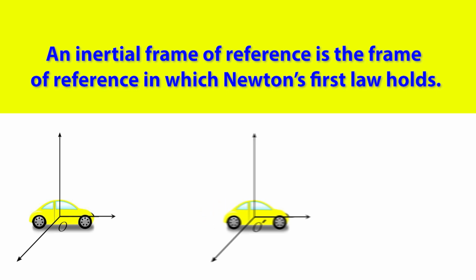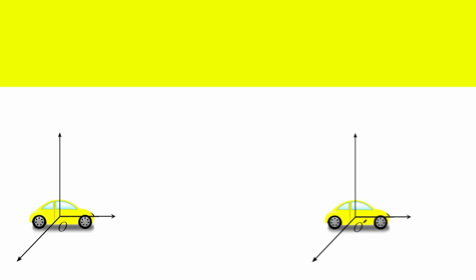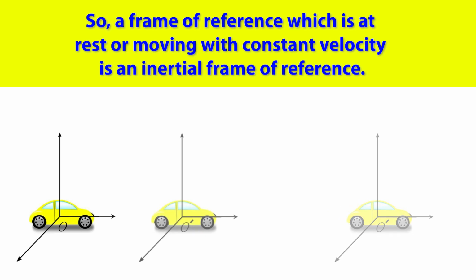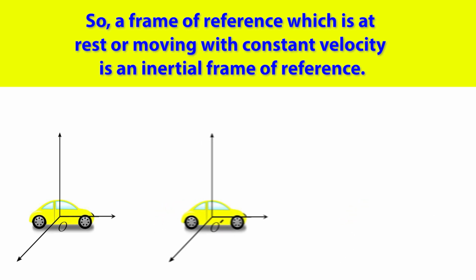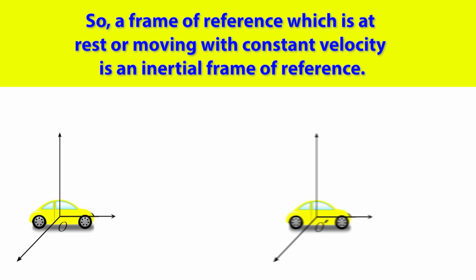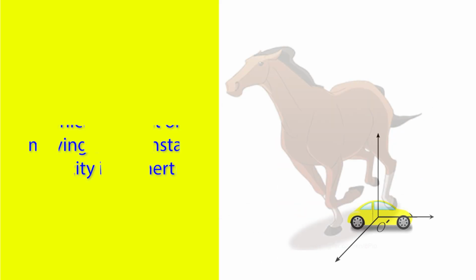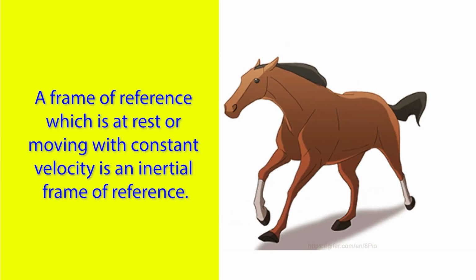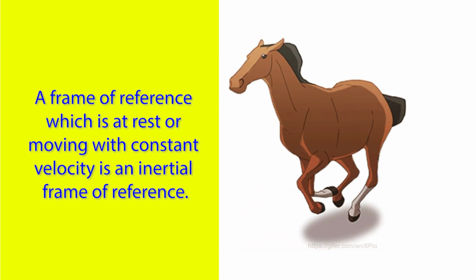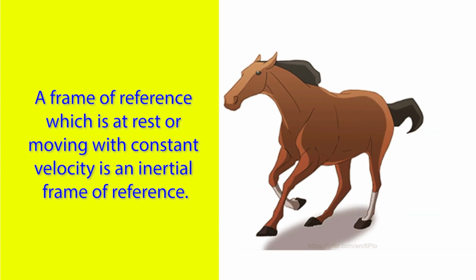This is what you have studied from your school physics. Okay? So, it means that a frame of reference which is at rest or moving with constant velocity is an inertial frame of reference.